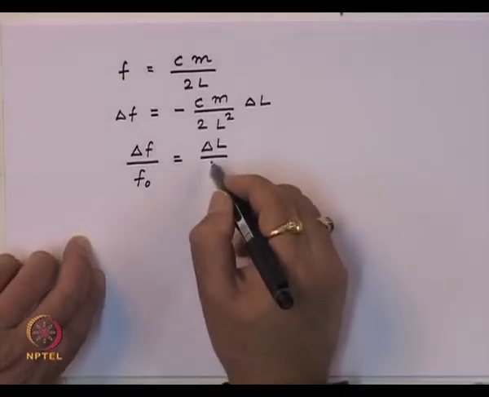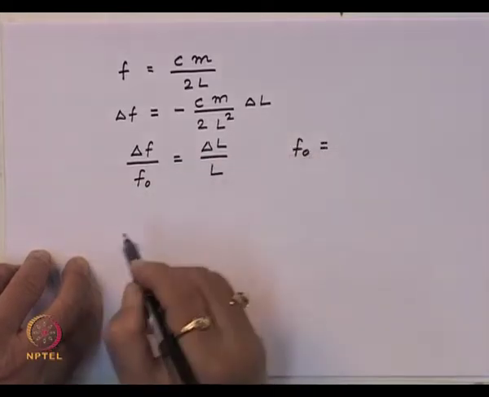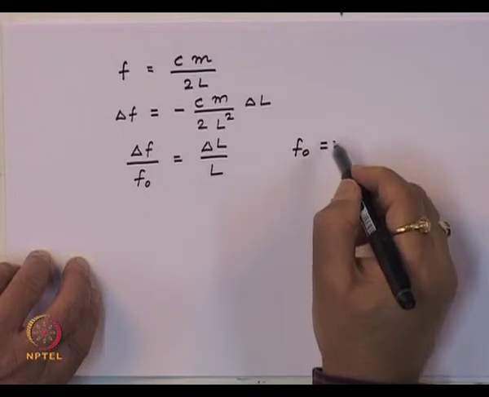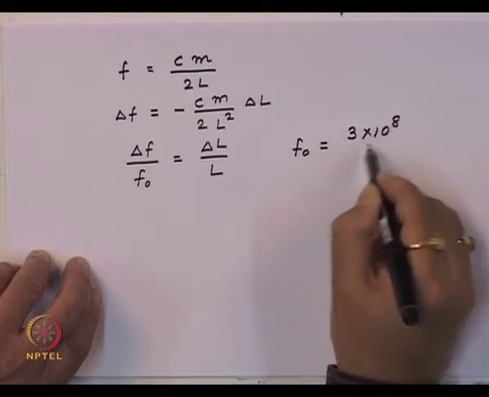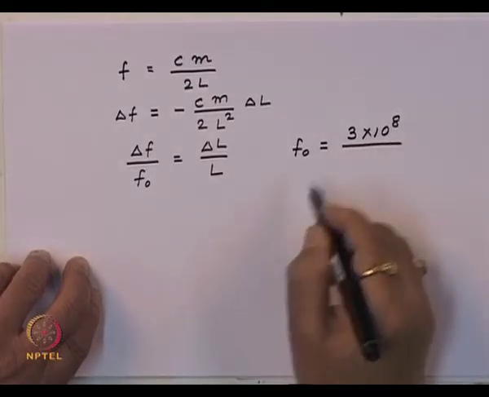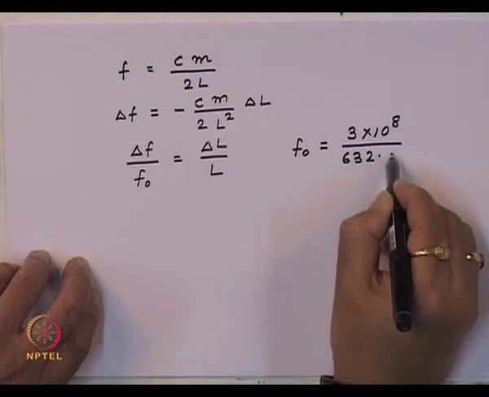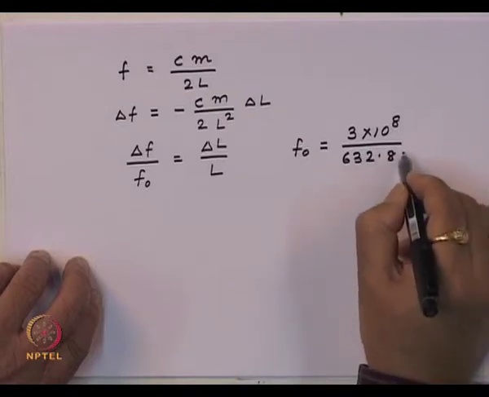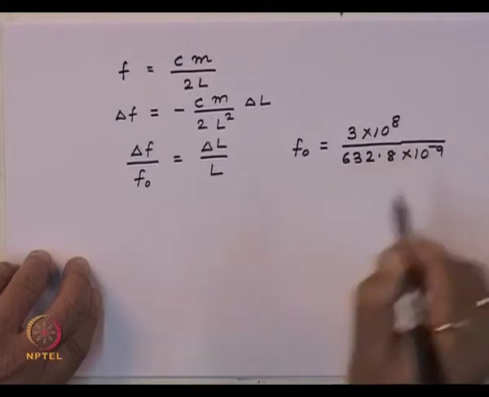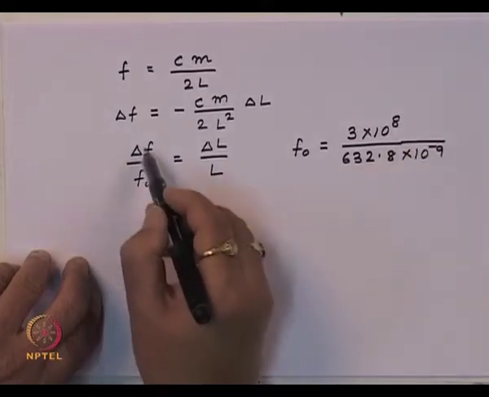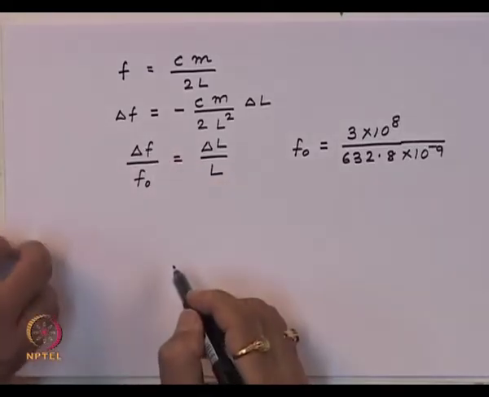And the center frequency of the laser f naught can be calculated, because we know the wavelength of the helium neon laser. So, it is 3 into 10 to the power 8, velocity of light, divided by the wavelength of helium neon, which is 632.8 nanometer, 10 to the power minus 9. And we are given that now the stability has to be better than 10 to the power 8 hertz.